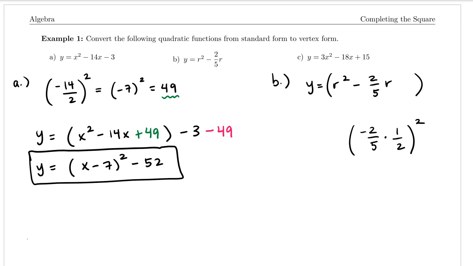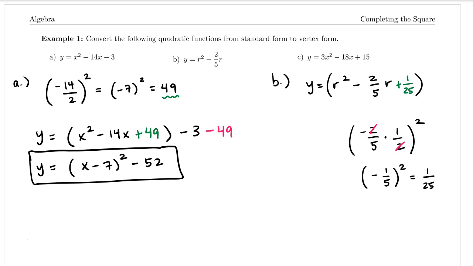So what's going to happen is the 2 in the numerator and the 2 in the denominator is going to cancel out. And we have negative 1/5 quantity squared, which is going to equal 1 over 25. So inside my parentheses, I want to add 1 over 25.